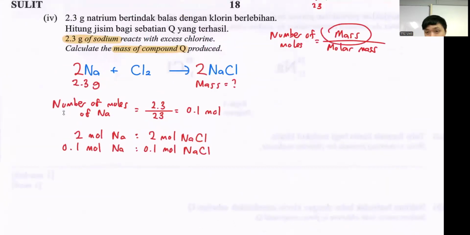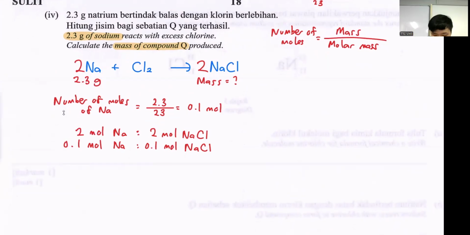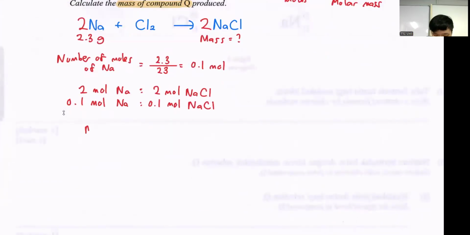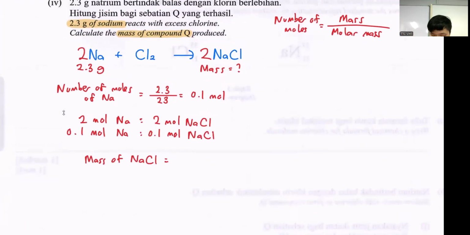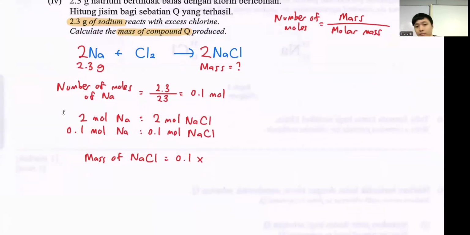If you want to find the mass of sodium chloride, use number of mole multiplied by molar mass. So in this case, mass of NaCl equals number of moles 0.1 multiplied by, and you can find from the periodic table again, one Na is 23, one Cl is 35.5.